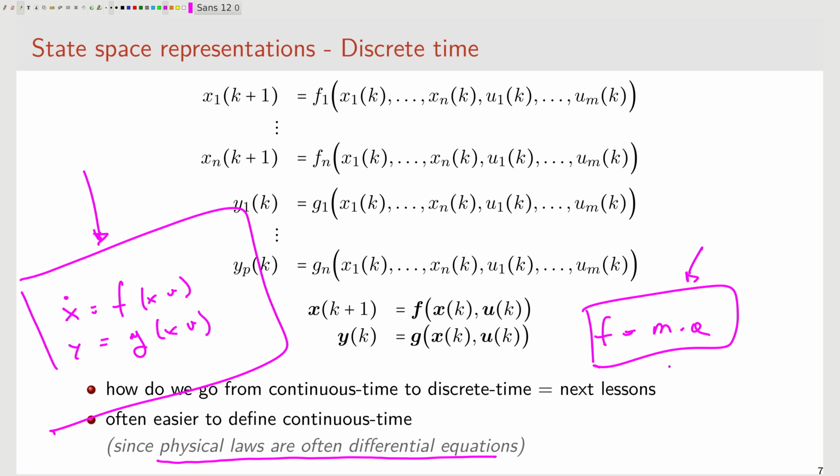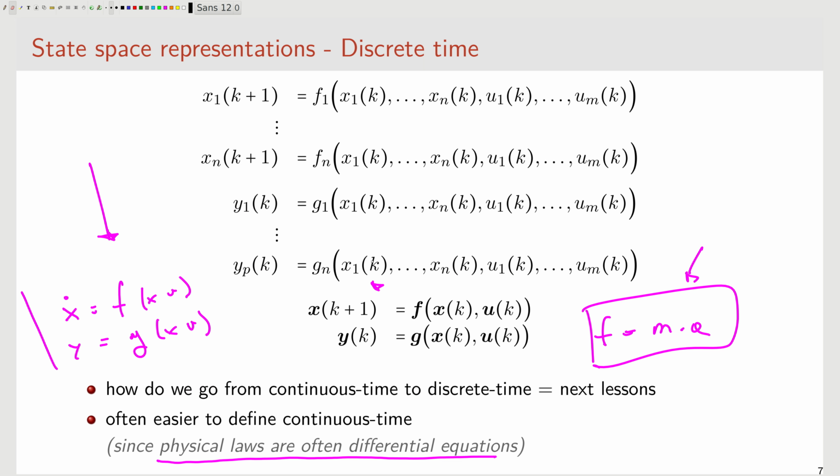So whenever we use physics, it tends to lead us to this stuff here. Of course, since we are doing digital control, we will not be able to use this for doing control. We want to have something that is discrete. So there will be the need for moving from this representation to the discrete one. I hope that you see the flux.